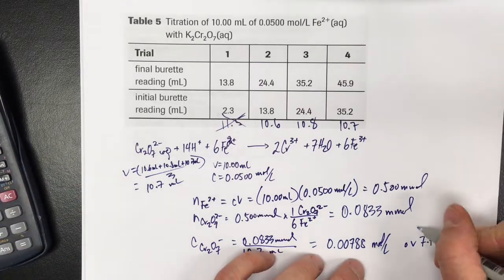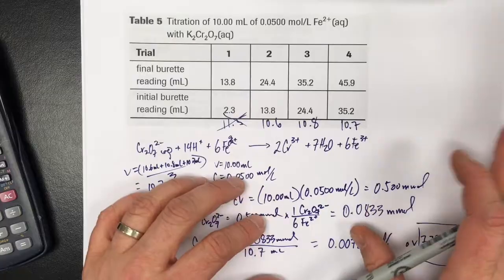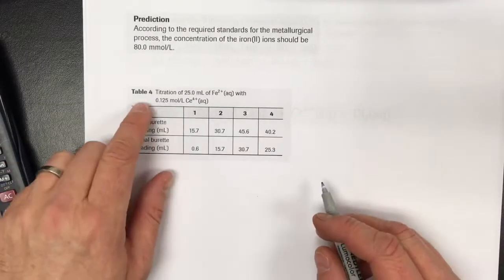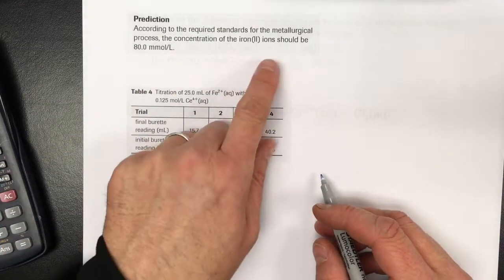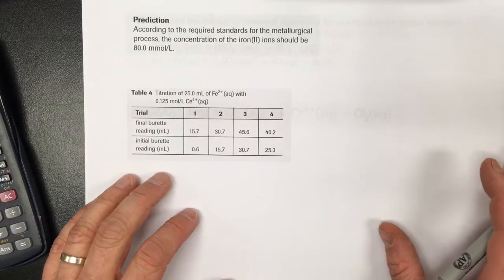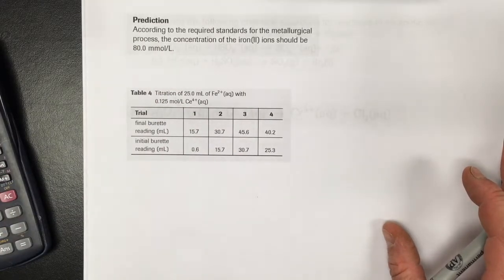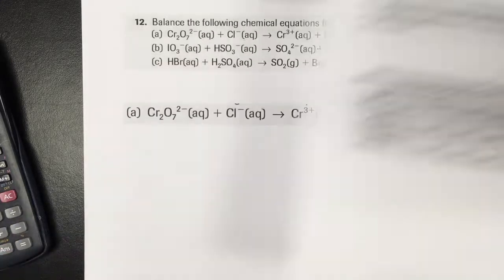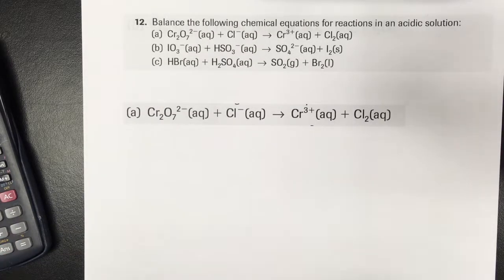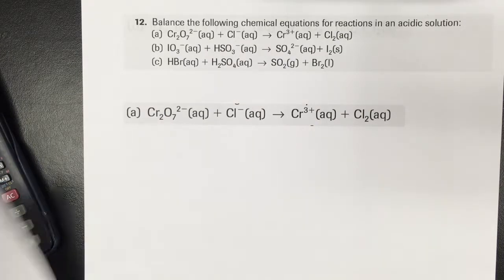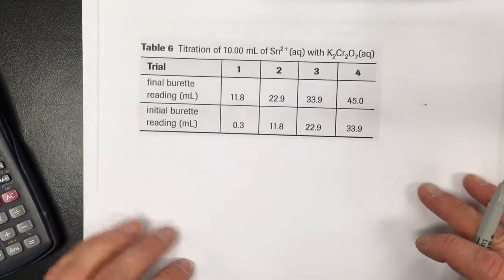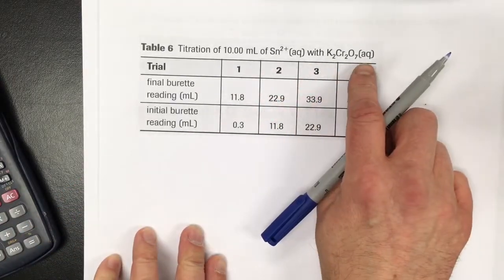Now this is the concentration of my dichromates, so I can use that for the next one. I'm going to be able to use that for my next titration set of data, which is here, where I've got the 10 milliliters of tin 2 with dichromate.